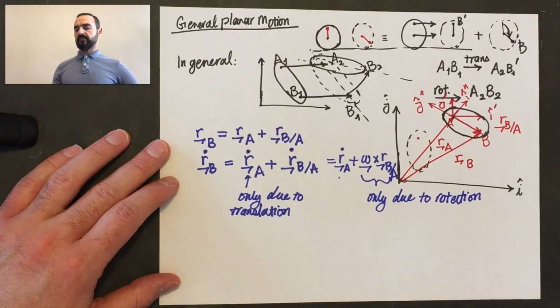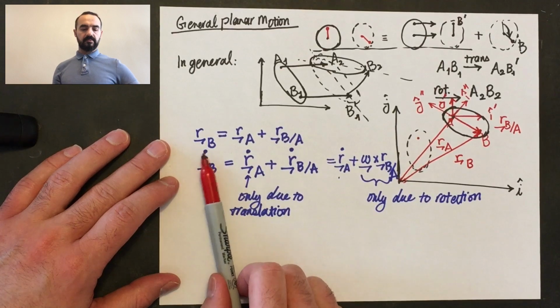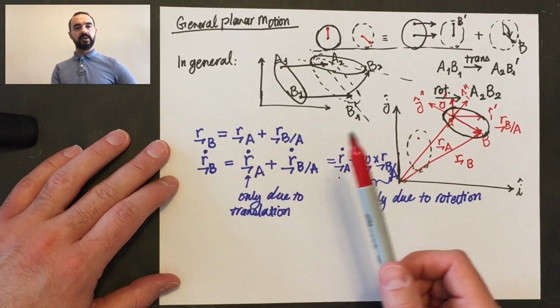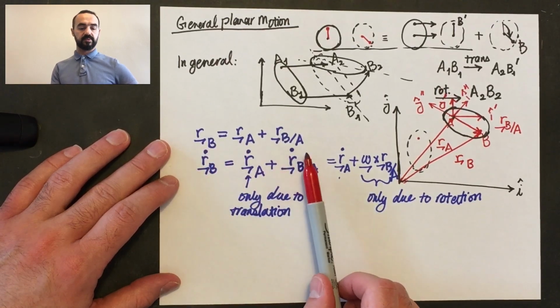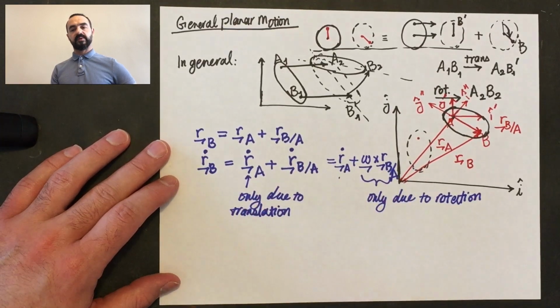All right. So if I were to describe the arbitrary motion of these points, RB is our position of these points. RB is RA plus RB with respect to A, right?